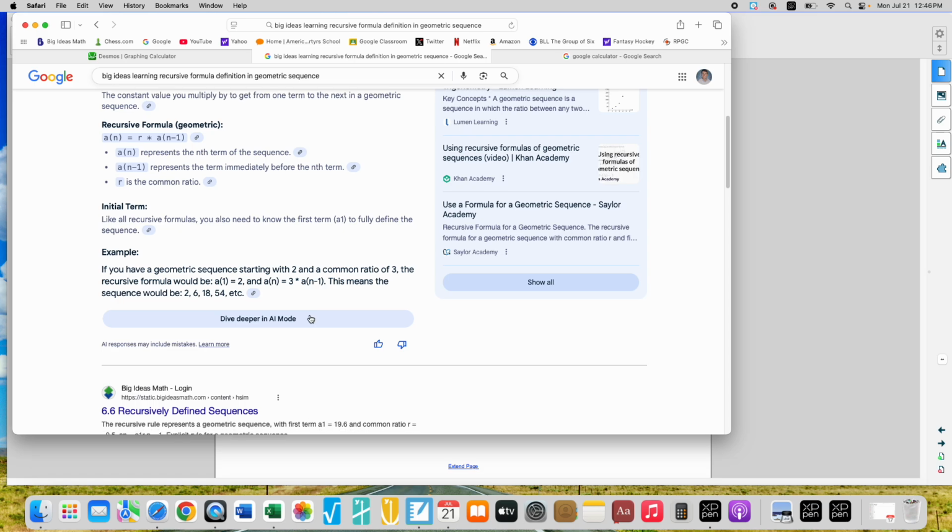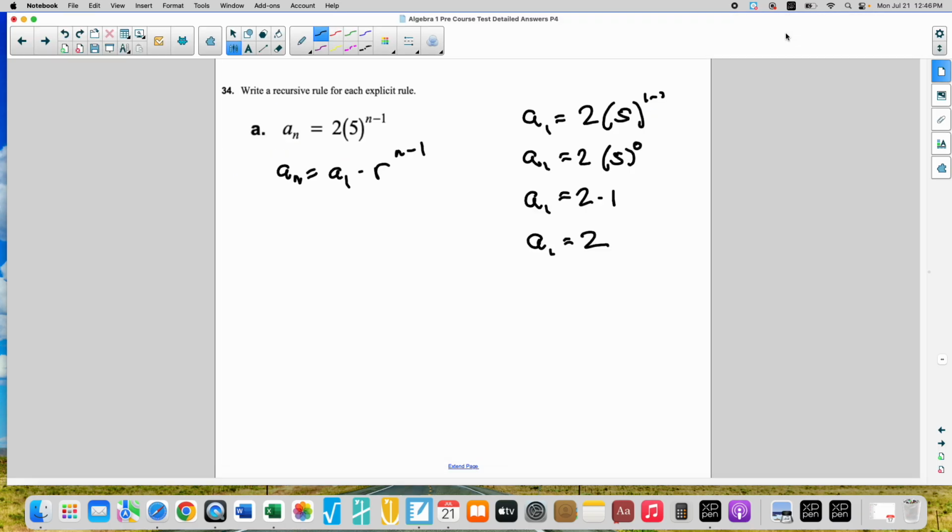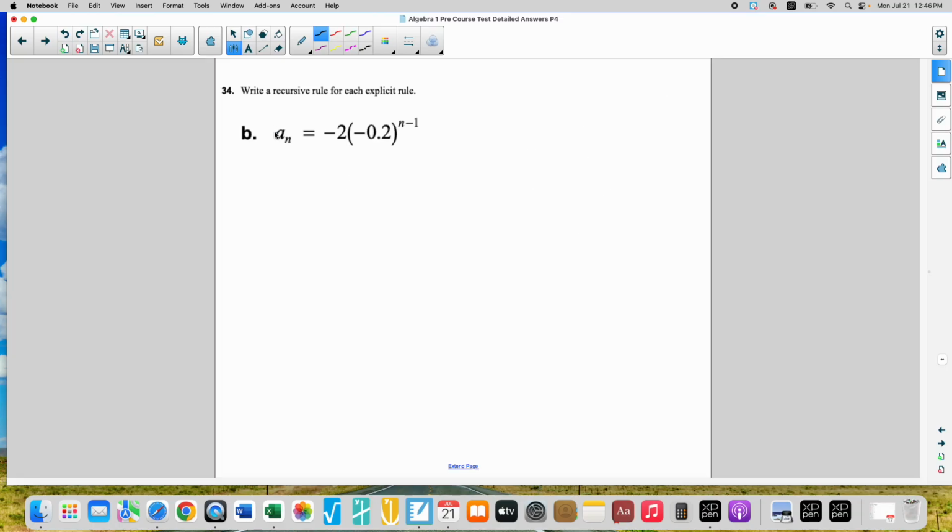Well, okay. That didn't really help me. I'd have to do a little deeper dive there. But at least I know this is my first term, a sub 1 equals negative 2, and a sub 1 equals 5. And I know my difference is negative.